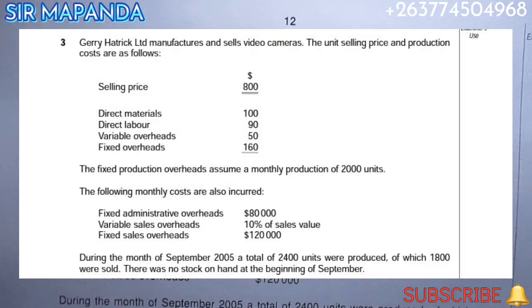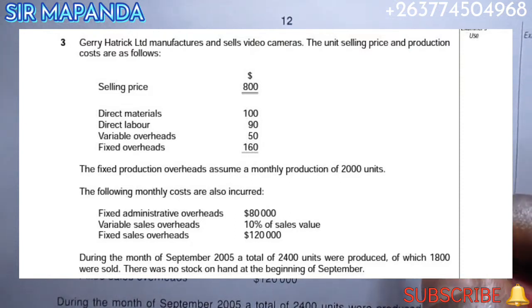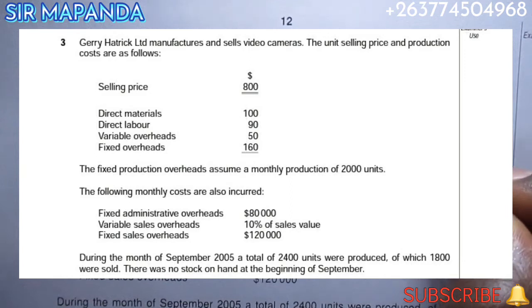Right. Then here comes another information. The fixed production overheads assume a monthly production of 2,000 units. So we refer to this as normal activity level, or we can refer to this as budgeted activity level.